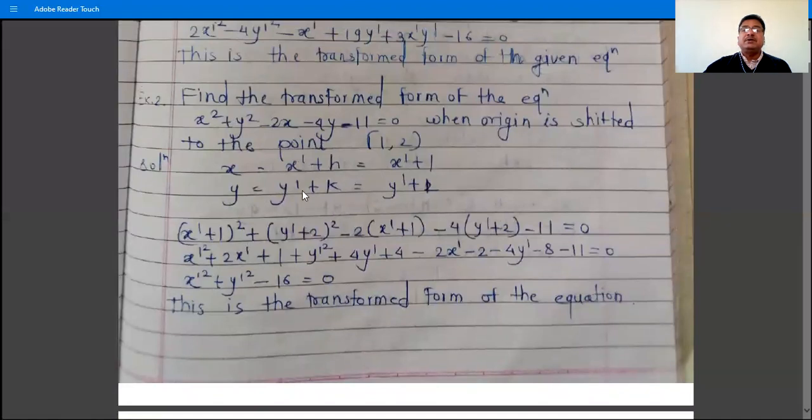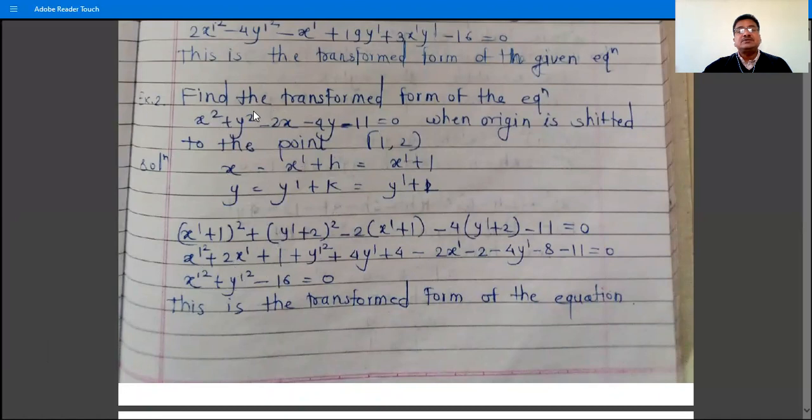So if we shift the origin and I have to find the transformed form of the given equation, then just remember two formulas: x = x' + h, y = y' + k. So this equation and this equation both represent the same curve.